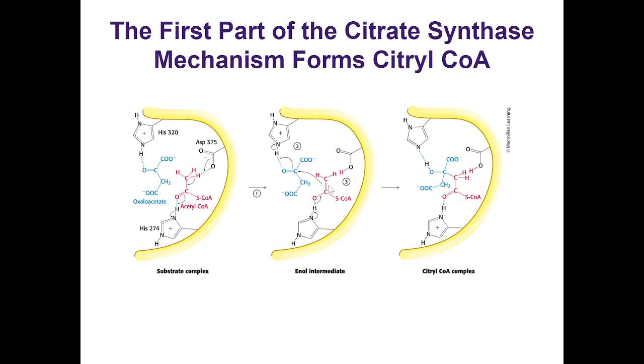Why did we need to make an enol, by the way? So this carbon here, what sort of charge would that have? Yeah, very positive, right, for our carbon. And if we make a double bond here, what's going to happen? The electrons are going to get pulled from that double bond up into that positively charged carbon, right?